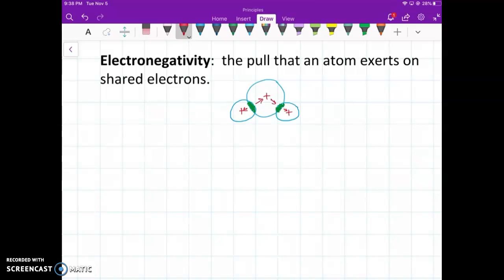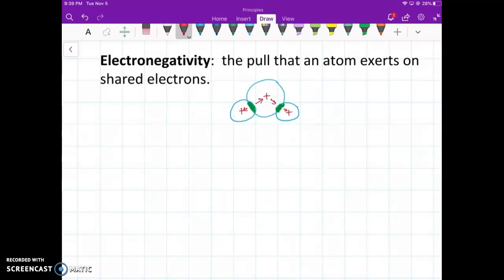So electronegativity depends on two things. Bigger atoms generally are going to have less electronegativity because there's a bigger distance between the nucleus and the shared electrons. Also, though, the number of protons, the more protons you have in the nucleus, the stronger that pull is going to be.